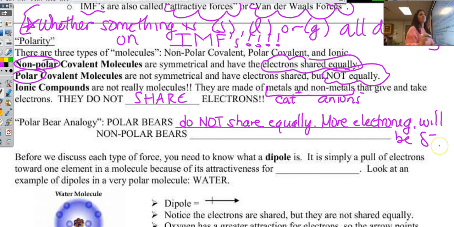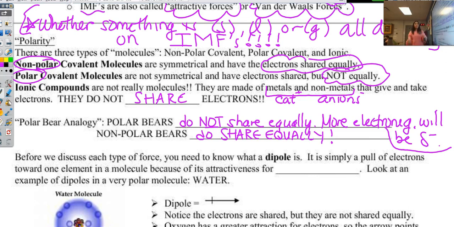Non-polar bears do share equally, and these typically are going to have everything equal going around it.